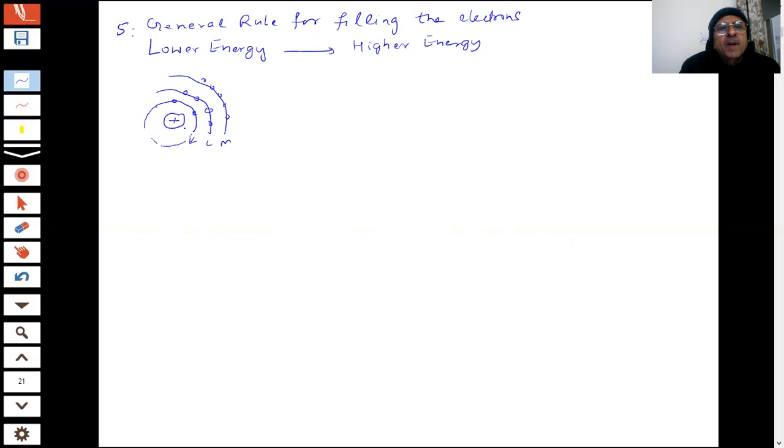This is how the electrons are orbiting around the nucleus at very high speed, students. So the filling order is like this: lower to higher energy. The energy increases as you go away from the nucleus. Okay? Yes, sir. And you know, in the first only 2, then 8, then 18, like this.